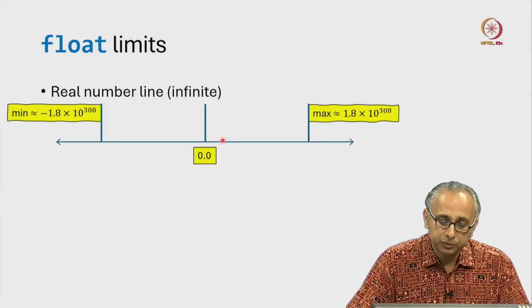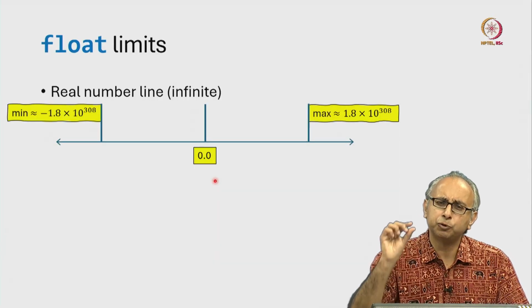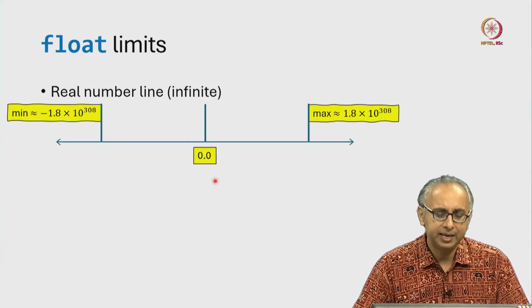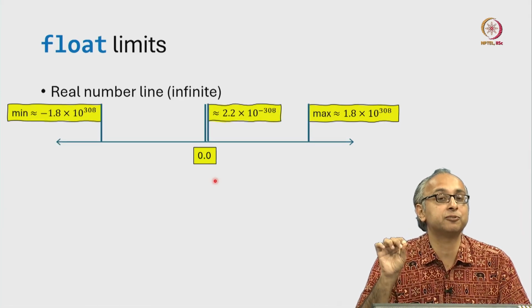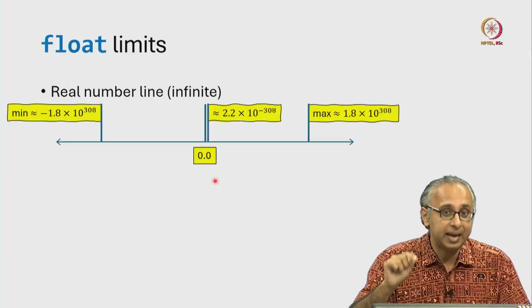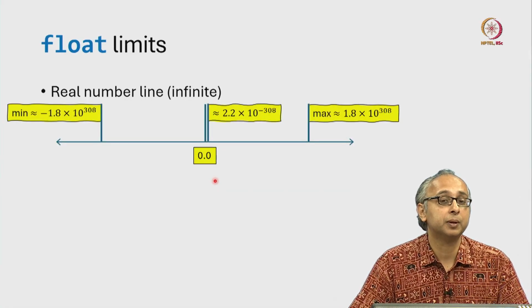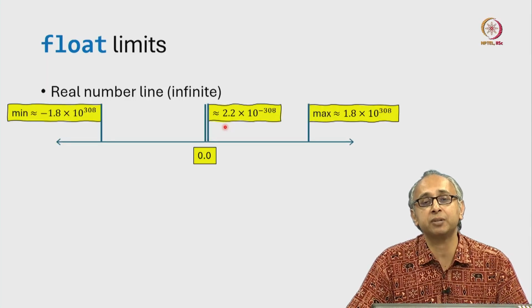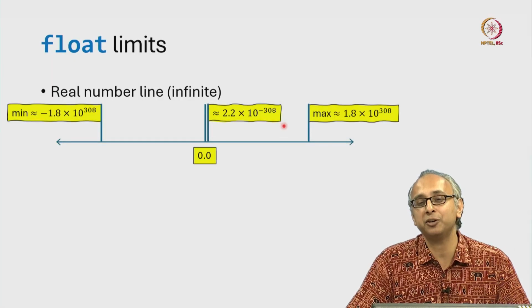Now, what about numbers close to 0? It turns out if you read the sys.float_info very carefully, it tells you that the smallest positive float that can be represented is very close to 0, but there's a bit of a gap, because the smallest positive number that can be represented is, roughly speaking, 2.2 times 10 to the minus 308.